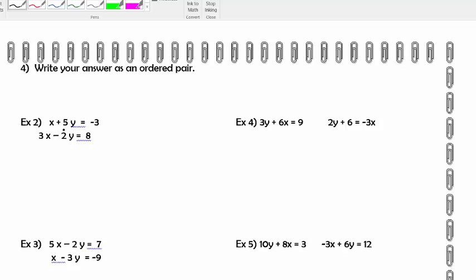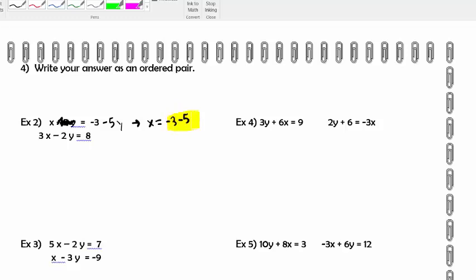So if I want to get rid of the 5y, I just have to subtract it from both sides. So I'm going to have minus 5y here, and I'm going to get nothing left over here. So now I can rewrite this as x equals negative 3 minus 5y.